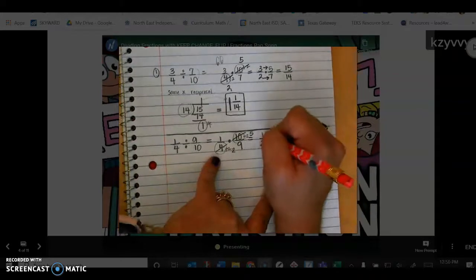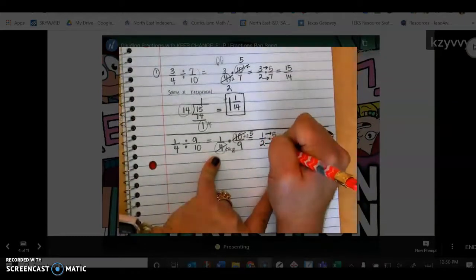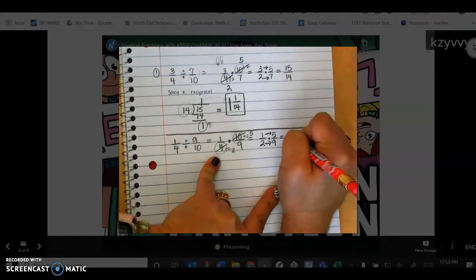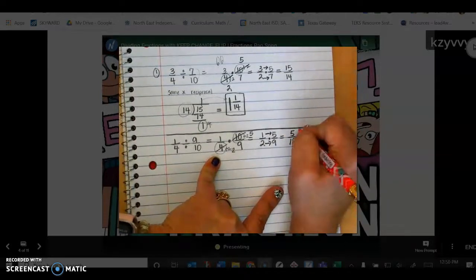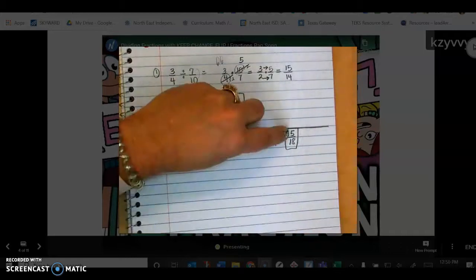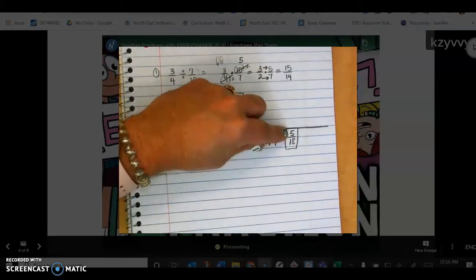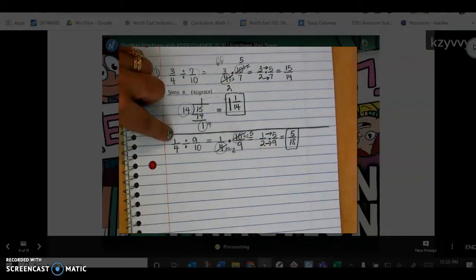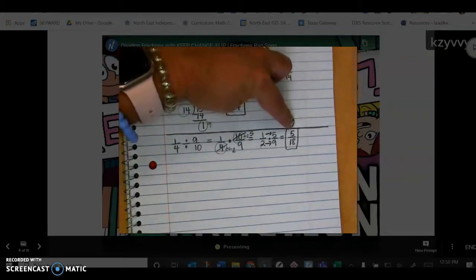We are so ready to multiply numerator times numerator and denominator times denominator. And this one is going to become 5/18. And I feel very fortunate because the 5 is smaller than the 18, which means it is a proper fraction, and there's nothing extra I have to do. So the quotient of 1/4 divided by 9/10 is 5/18.